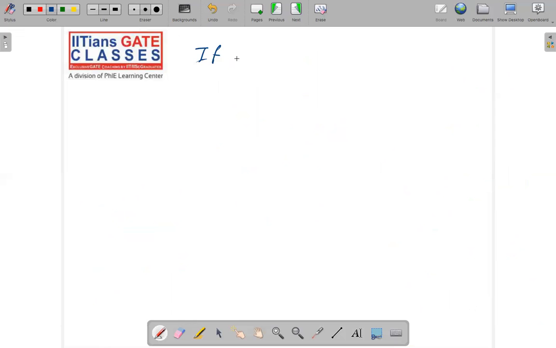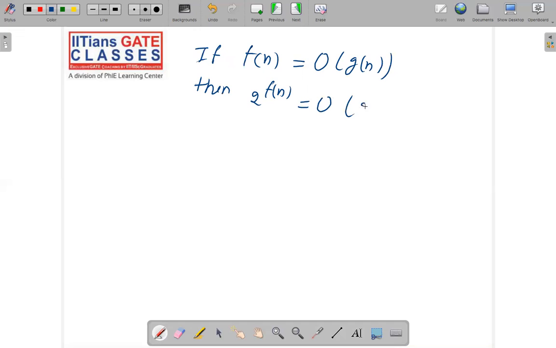This is important. If Fn is equal to big O of Gn, then 2 raised to power Fn is equal to big O of 2 raised to power Gn. We need to find whether this is true or false. How would you solve these kinds of problems?